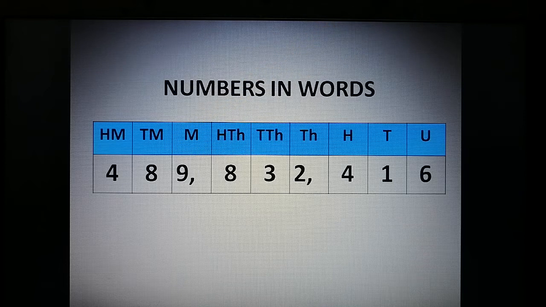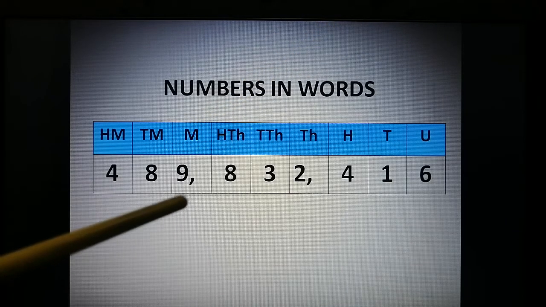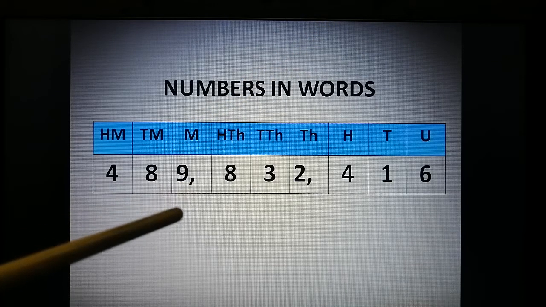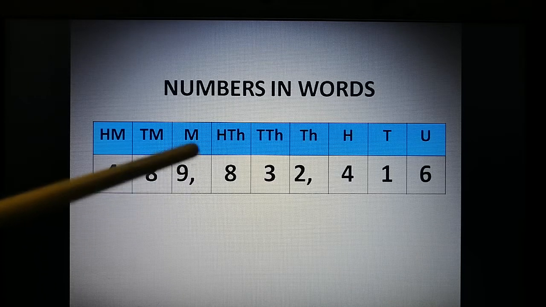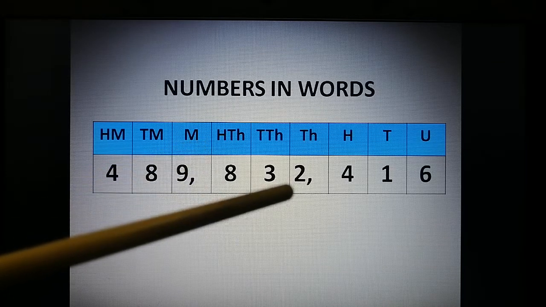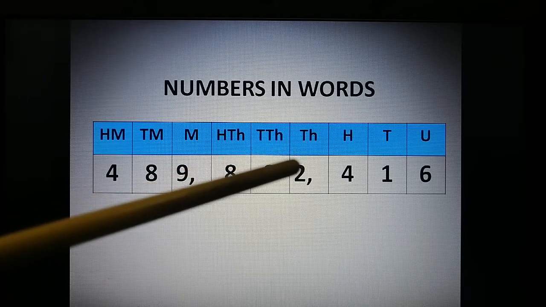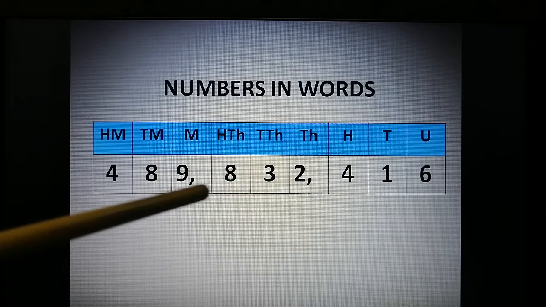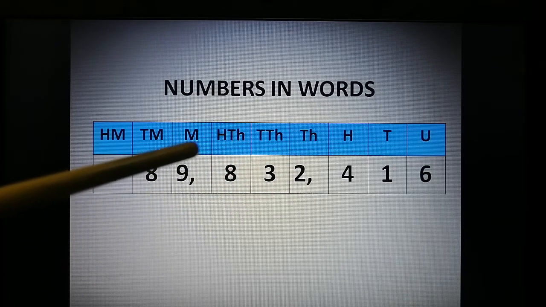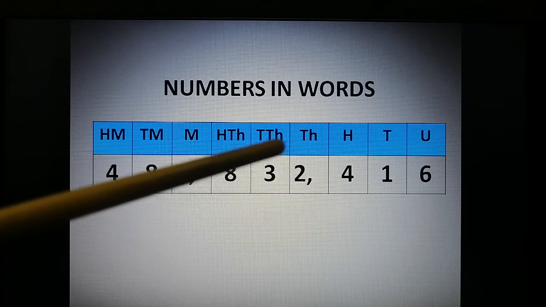We know that, and we also know that the first comma from the left side is million, and the second is thousand. Again I'm repeating: first comma name is million and second is thousand.